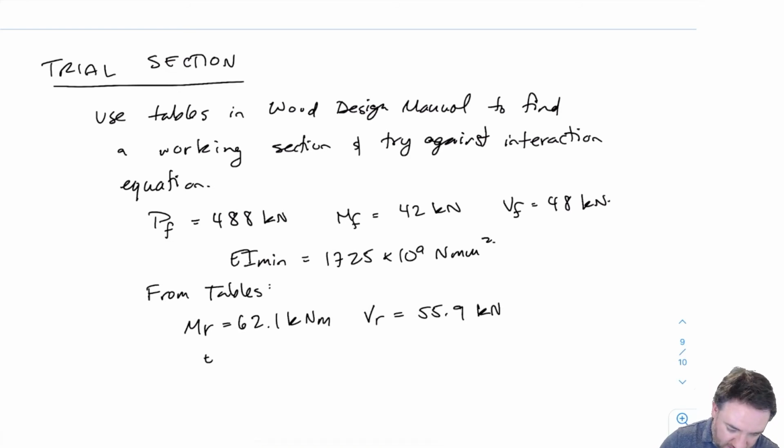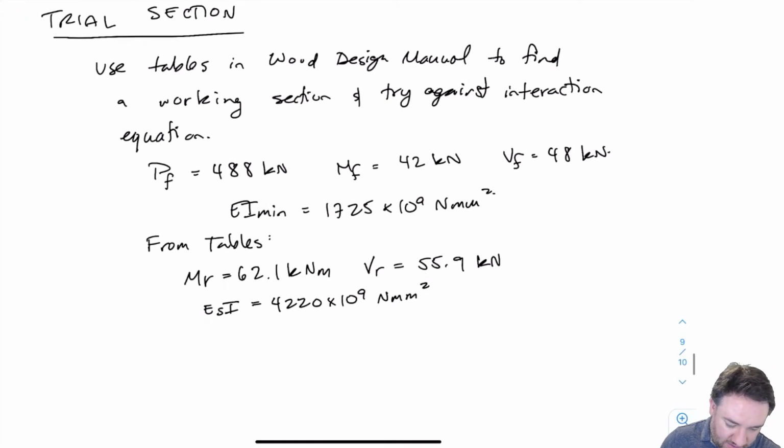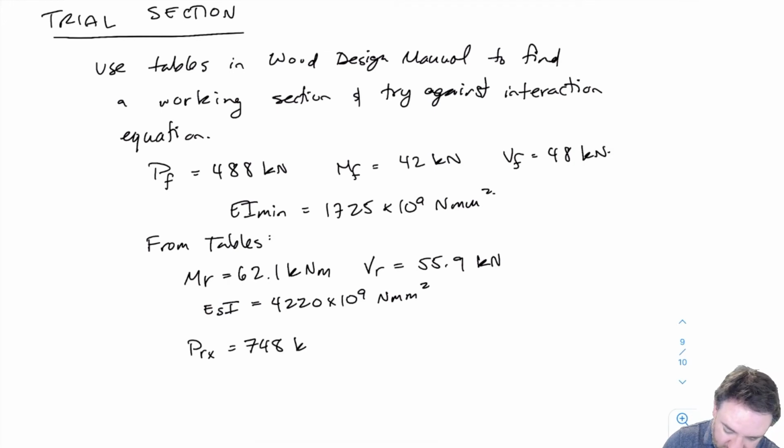Okay, and the EI, remember we have to check EI when we do bending, is 4220 times 10 to the 9 Newton millimeters squared. And ES is equal to E because we are in dry conditions right now. So that is fine. Then our PRX is 748 kilonewtons, strong axis.